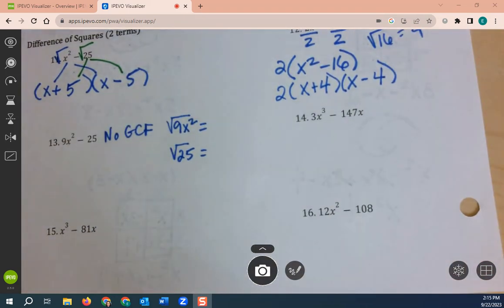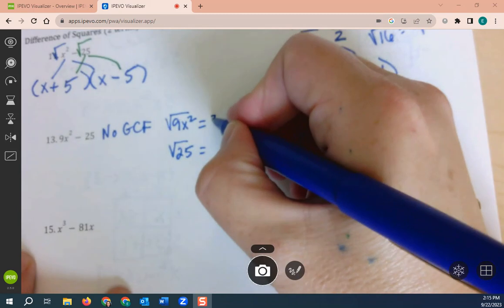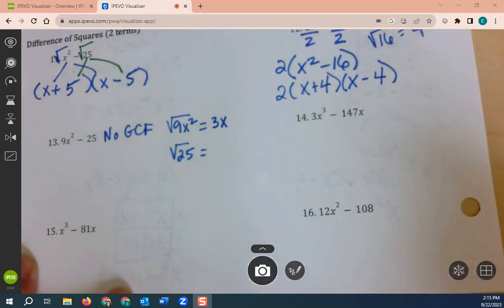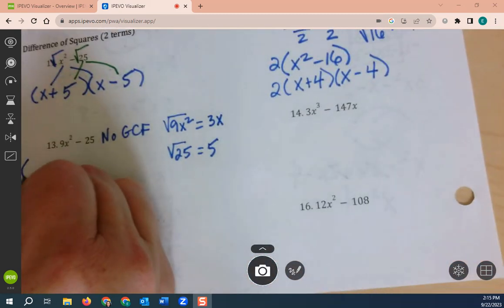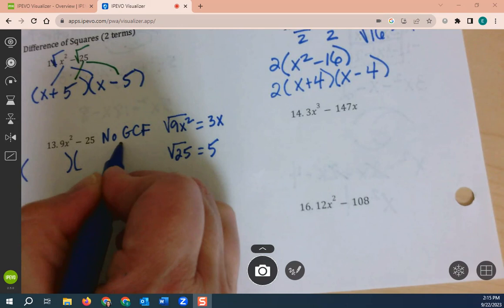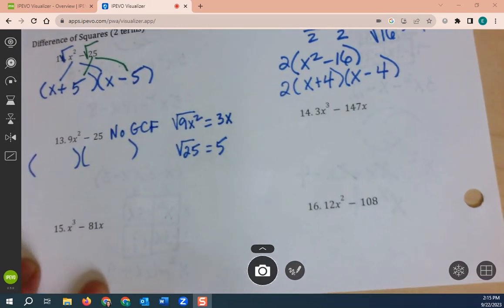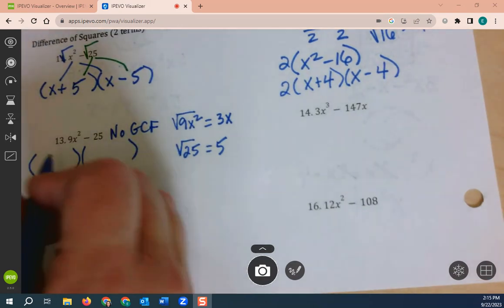So, square root of 9x squared? 3x. Good. Square root of 25? 5. Okay, so now you make your parentheses, and instead of starting with an x, it starts with a 3x. 3x plus 5, 3x minus 5.